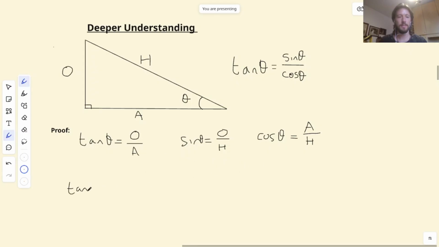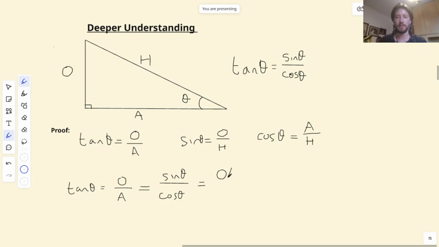So tan theta equals opposite over adjacent. Well, that should be sine theta over cos theta. But let's break down what sine theta and cos theta are made of.